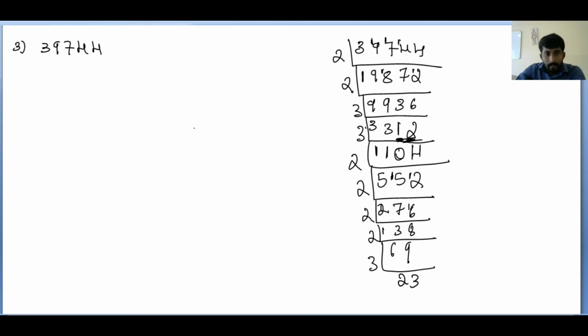Okay, then write it's equal to how many times 2 is there? 1 2 3 4 5 6 times is there, right? 2 to the power 6 into 3, count 1 2, here 3 times 3 is there, so 3 to the power 3 into the last number 23 is there, right? 23 to the power 1.